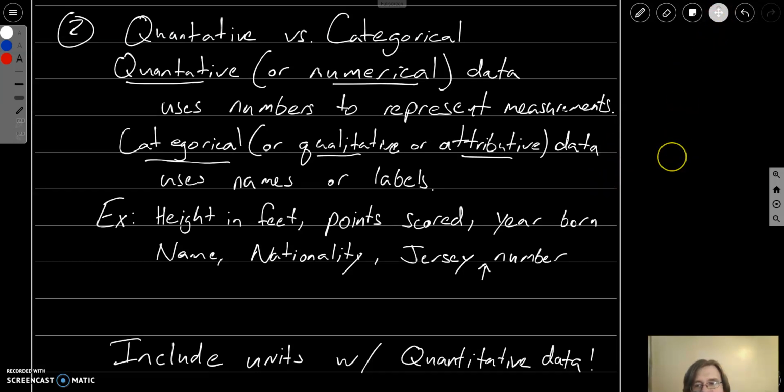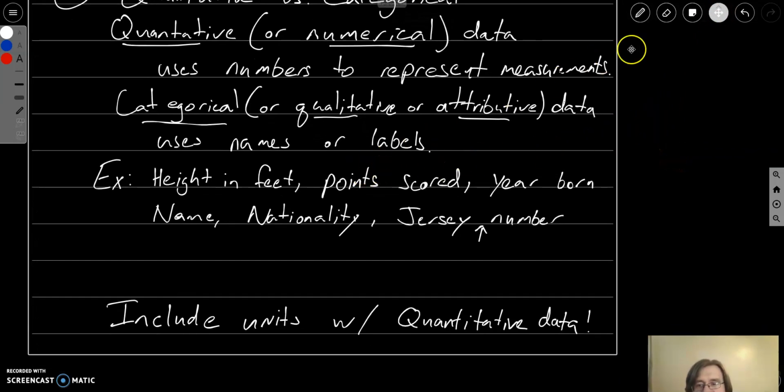So, for example, height is going to be quantitative because this is describing an amount of something. Essentially, how tall are you is going to describe an amount of feet or meters or something like this. Points scored in a game is going to be quantitative because it's describing an amount of points.